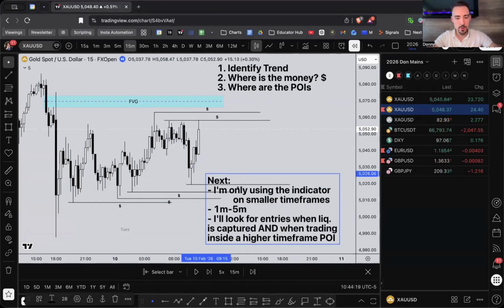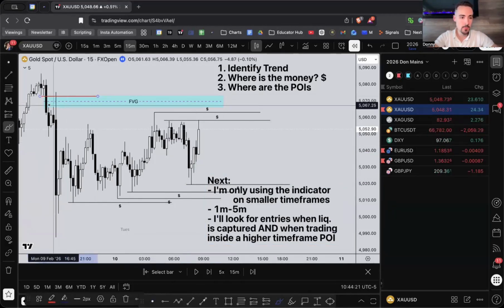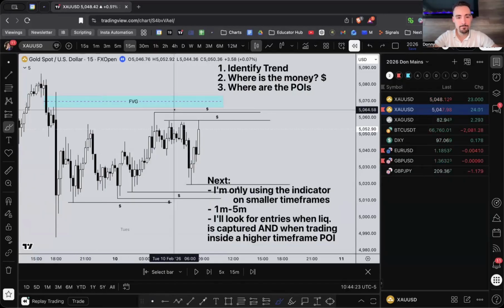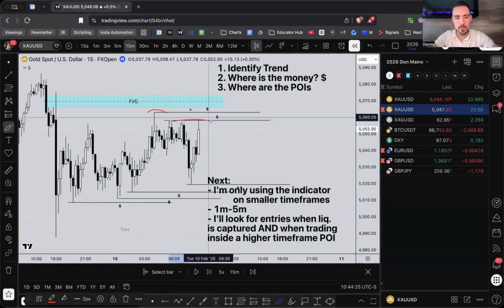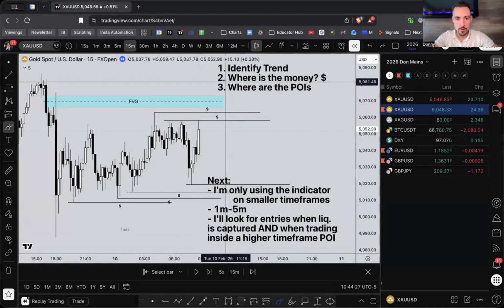Let's break this down. Okay. So this is a 15-minute fair value gap. We have areas of liquidity here. Okay, where's the money? That's the question we're asking ourselves. Where's the liquidity? So I'm only using the indicator on smaller time frames, ideally the 1 minute, 3 minute, 5 minute. That's kind of the range that I'm looking to use the indicator on.